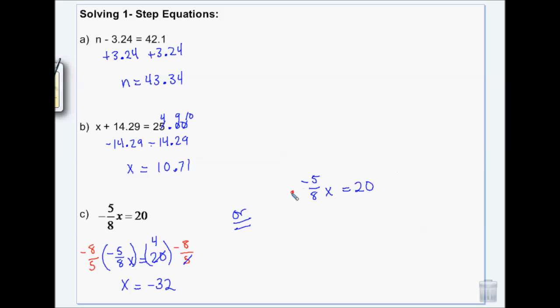What you always do first is multiply by the denominator, and you're left with the numerator, because these will cancel each other out. And then you can divide by the numerator.